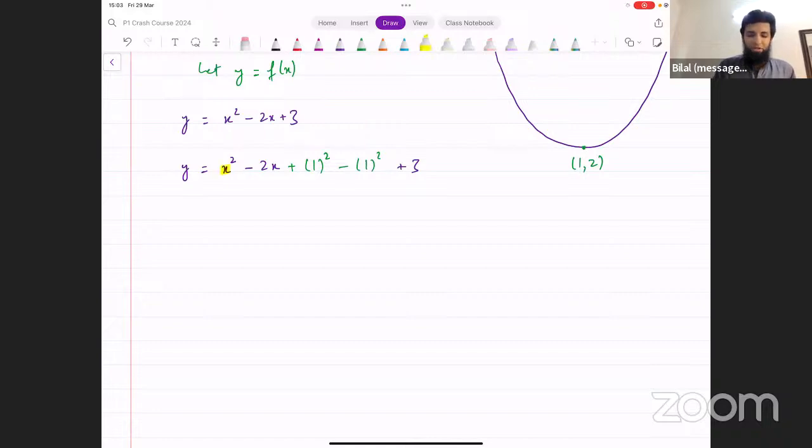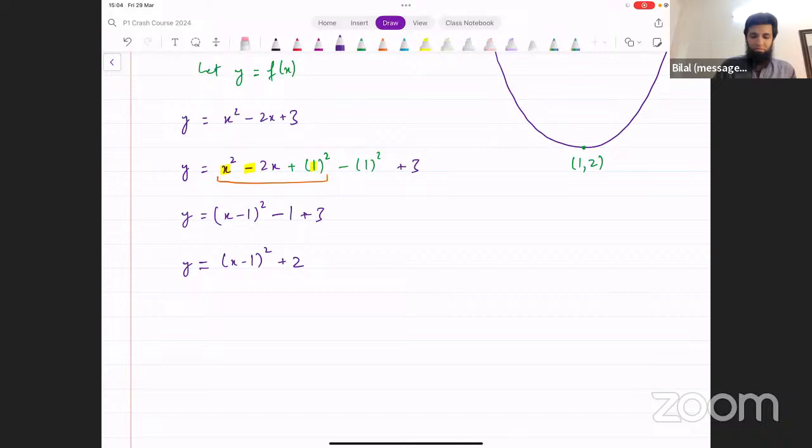And now these first 3 terms are going to give you a perfect square, x minus 1 whole squared. So from these 3 terms, you get the perfect square. And then outside, you have minus 1 plus 3. Let's simplify this. And that gives us y equal to x minus 1 whole squared plus 2.